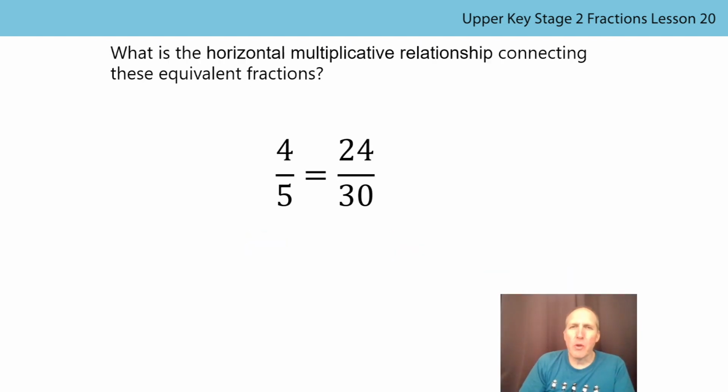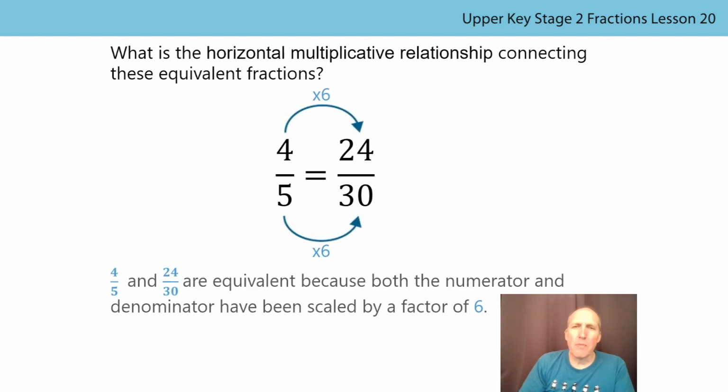With Miss Heaton, you also looked at equivalent fractions that had a horizontal multiplicative relationship. In this example, the numerator and denominator have both been scaled up by the same factor. Can you spot what that is? That's right, they've both been scaled up by a factor of 6.